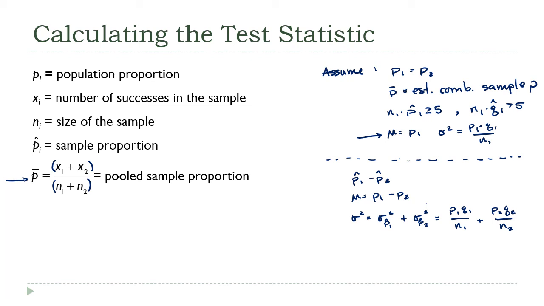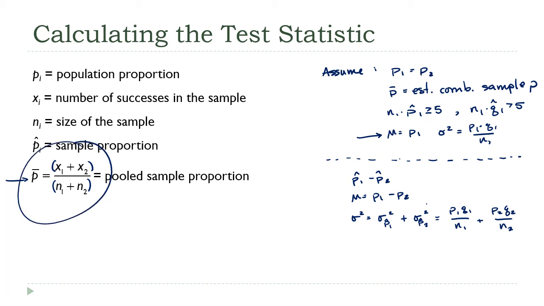Now, remember what we're assuming based on our null hypothesis. We're assuming that p1 and p2 are equal, and the best estimate of their common value is this p bar.